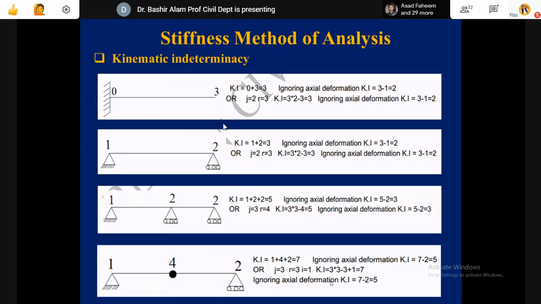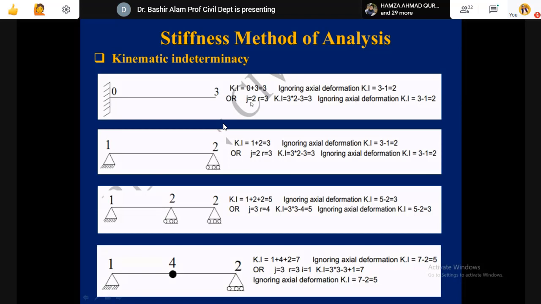But the right support, which is a free joint, can settle down, it can move left and right, and it can rotate also. This 3 shows it is 3 degrees of freedom. So kinematic indeterminacy for this whole beam is 0 plus 3, equal to 3 degrees.